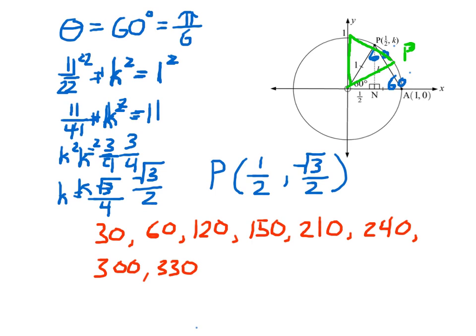And if I complete the triangle, this is another equilateral triangle with angles 60, 60, 60. However, the bisection is going to occur on the y-axis, so now the y-coordinate is going to be 1/2. And we can prove using the same methods that we did for angle 60 that the x-coordinate is now going to be square root of 3 over 2.